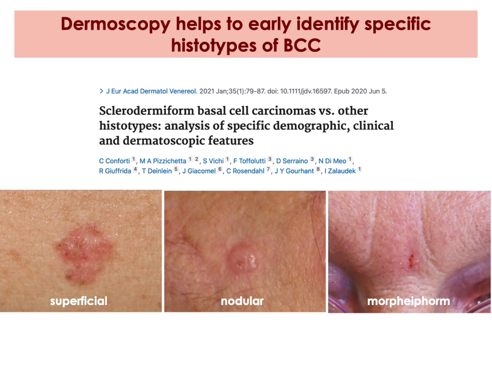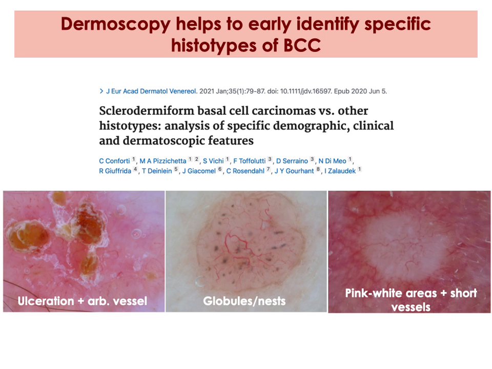At the University of Trieste, we performed a study comparing sclerodermiform basal cell carcinoma versus other histotypes to evaluate specific demographic, clinical, and dermatoscopic features, and we saw that superficial basal cell carcinoma shows more frequently upon dermoscopy ulceration and arborizing vessels. Nodular basal cell carcinoma shows globules and nest, while morphiform basal cell carcinoma shows pink-white areas and short vessels. And also the localization is a little bit different.